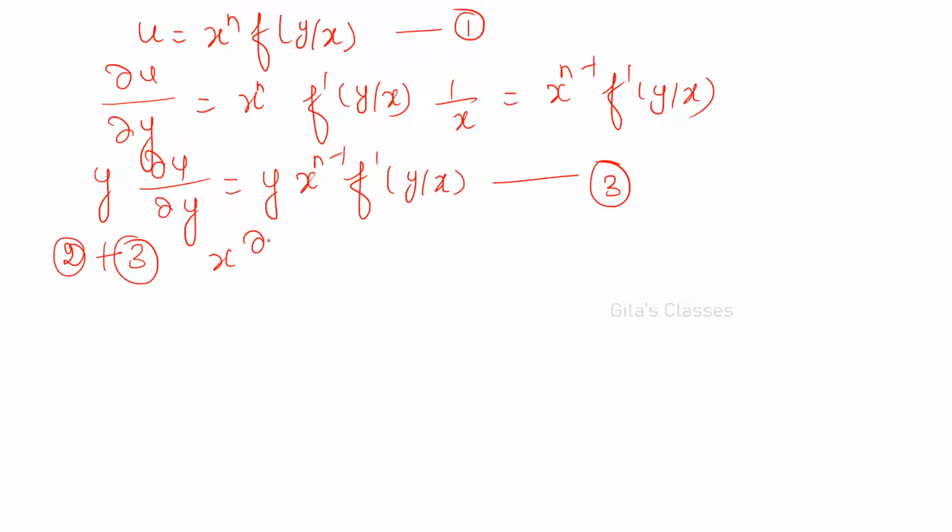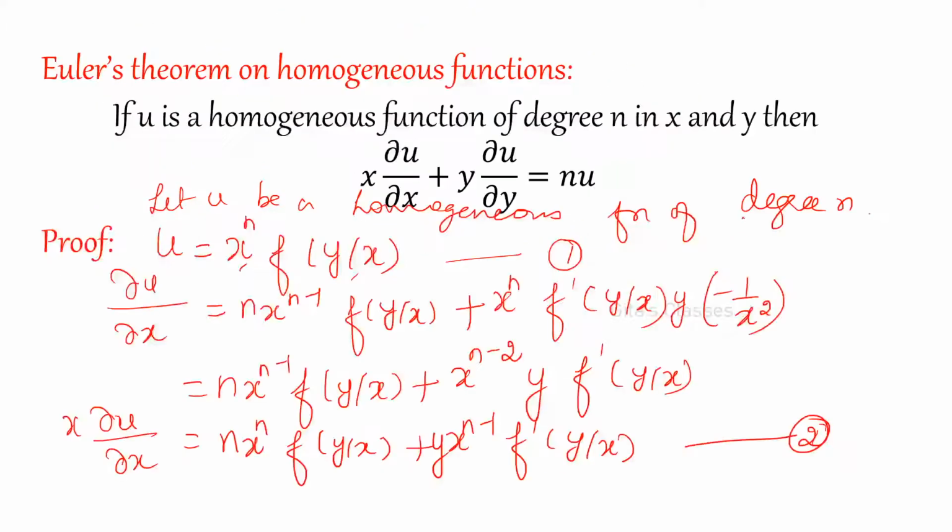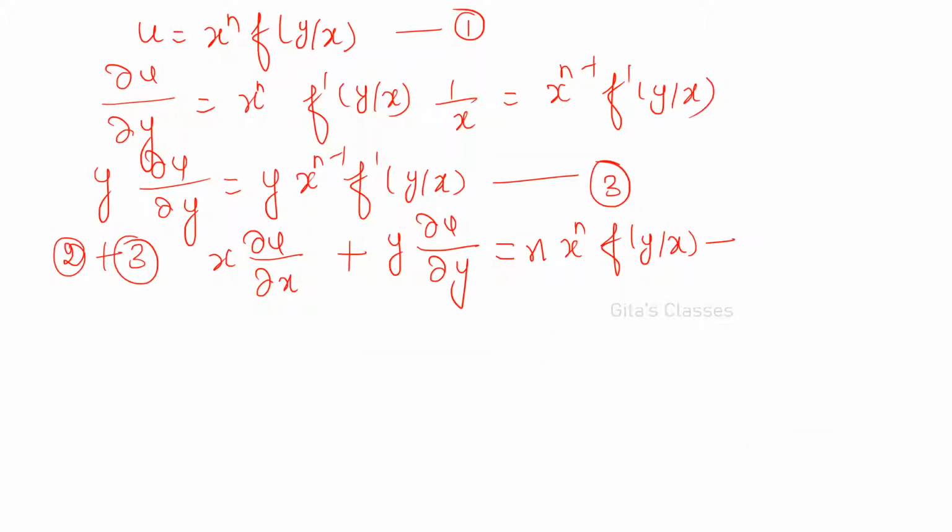So left hand side, x into dou u by dou x in equation number 2 plus y into dou u by dou y, this equation is equal to n into x power n into f of y by x minus, so this is minus x into y into x power n minus 1 into f dash of y by x plus y into this term, y into x power n minus 1 into f dash of y by x, right?